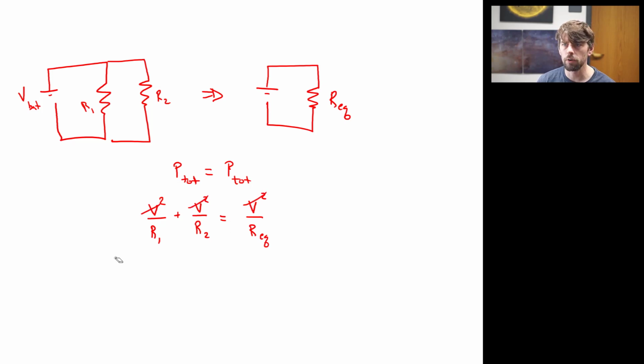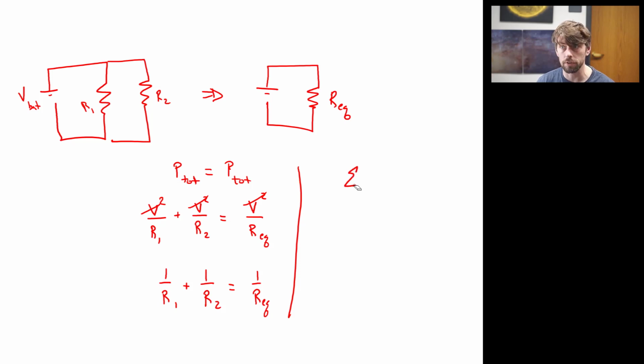And we find out, again, we can get rid of those, and we find out that if I add the inverse of the resistor values, I find the equivalent resistor. And again, yes, this is perfectly generalizable. So if I have multiple resistors, not 2, but maybe I have 50, again, all I have to do is add the inverses. So sum the inverses.